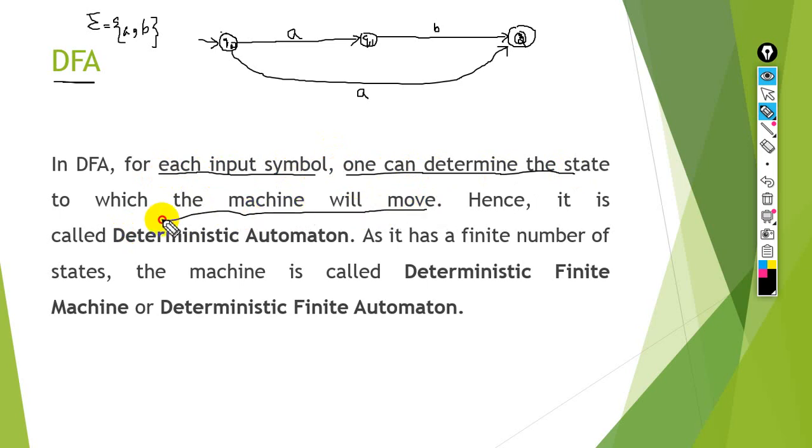What does it mean? Here we have two letters, A and B, in this alphabet. Looking at this diagram, we have a transition from Q0 for A, but there is no transition for B. So this is called the dead configuration.